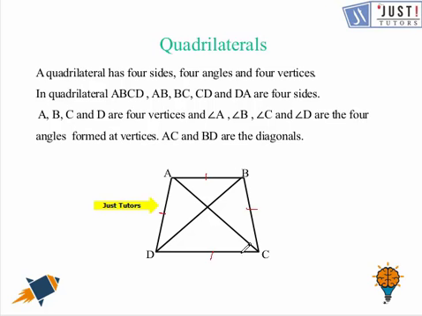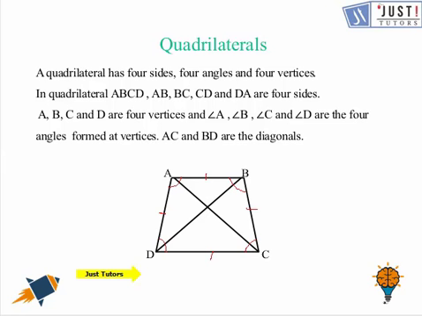A, B, C and D are 4 vertices. Angle A, angle B, angle C and angle D are 4 angles. And AC and BD are 2 diagonals of quadrilateral ABCD. So a quadrilateral always has these parts.